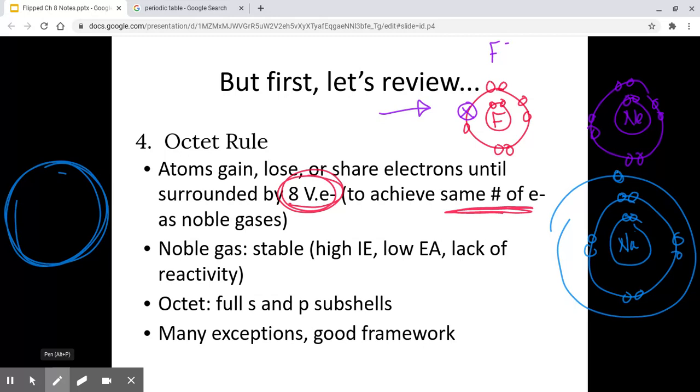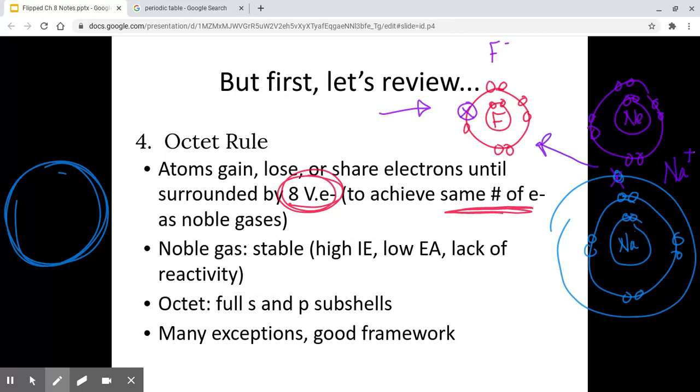And okay, so sodium is also very close to neon's configuration. It just has 1 more electron. So sodium is going to typically lose that, probably to an element like fluorine, right? And after it has lost that 1 electron, sodium is now Na plus. It has lost 1 negative, so now it's positive. And it also has a similar electron structure to that of neon.